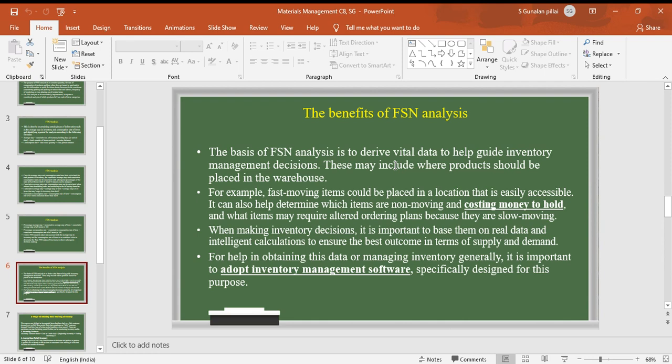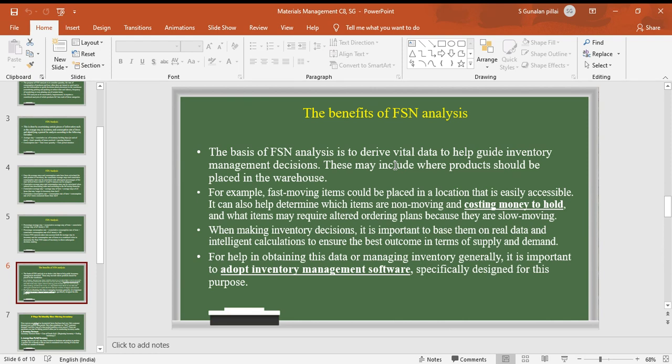When making inventory decisions, it is important to base them on real data and intelligent calculation to ensure the best outcome in terms of supply and demand. We have already discussed that for any inventory manager, real data is very much required, and intelligent calculations are also required for managing item demand and supply.